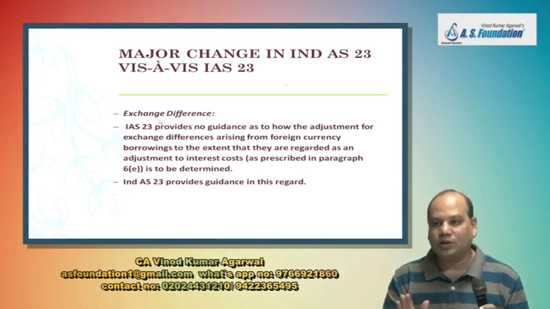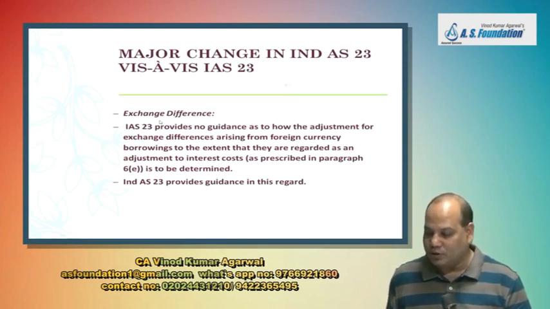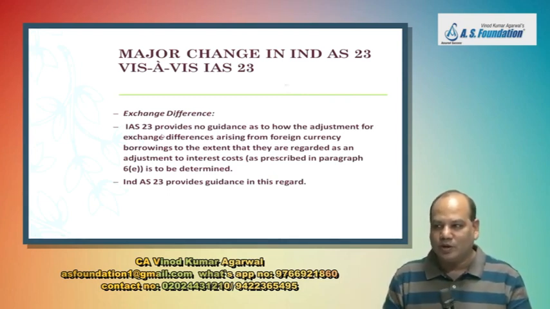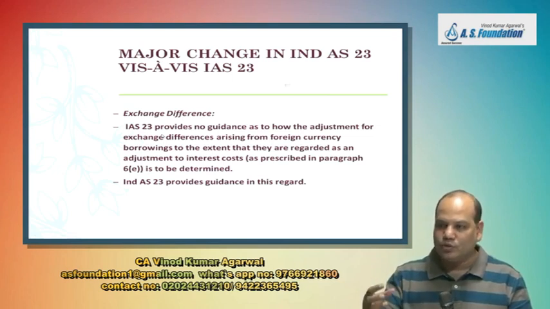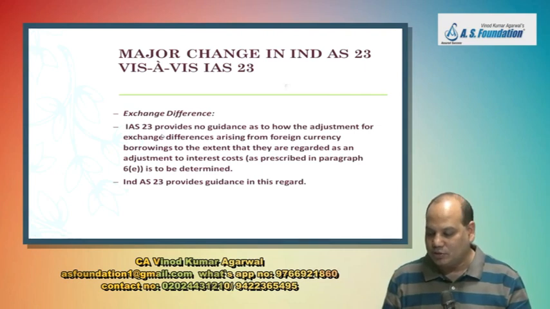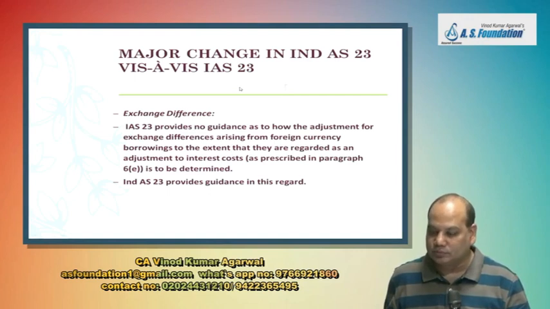That is what we did in the starting problem. You will calculate the exchange loss and the interest saved, and the amount will be transferred to borrowing cost to the extent of interest saved. The remaining exchange difference is treated as a loss for P&L purposes. That paragraph is not there in IAS 23.